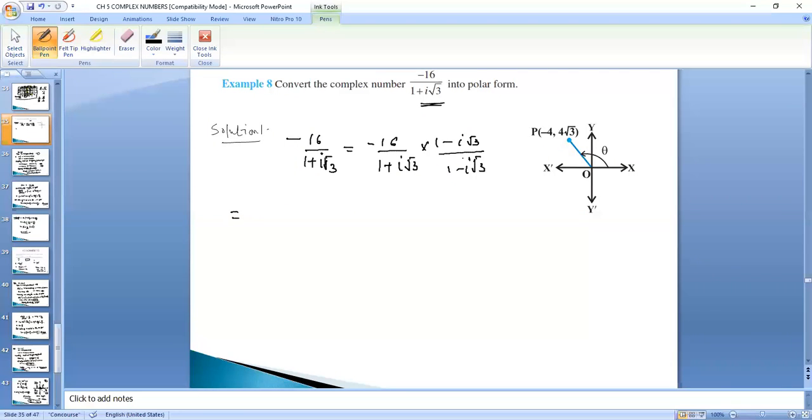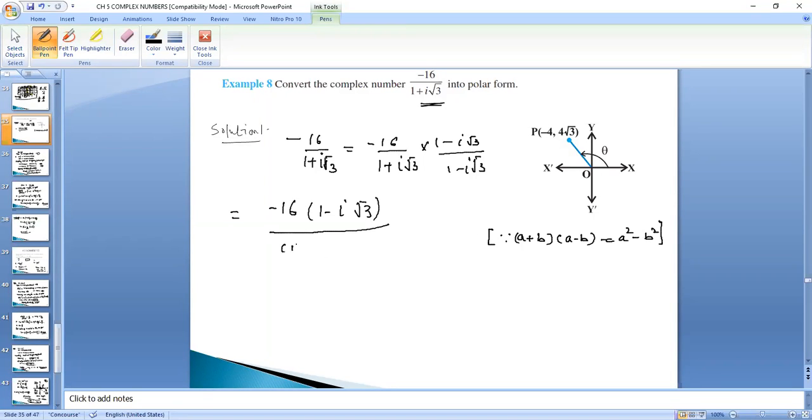We have rationalized it, which equals minus 16 times 1 minus iota root 3 upon 1 plus iota root 3 into 1 minus iota root 3. It is just the formula of a plus b into a minus b, which is a square minus b square.